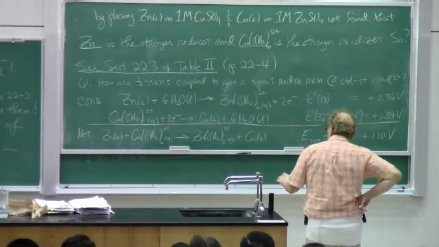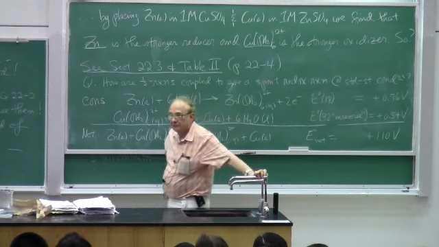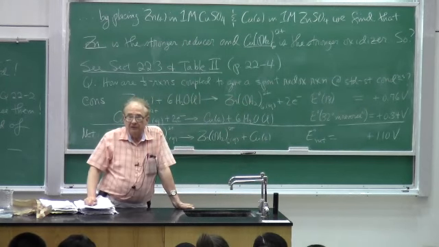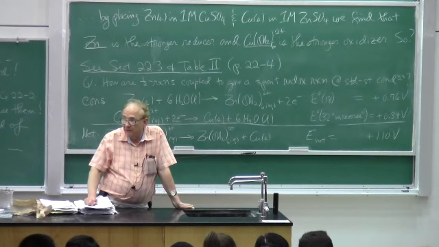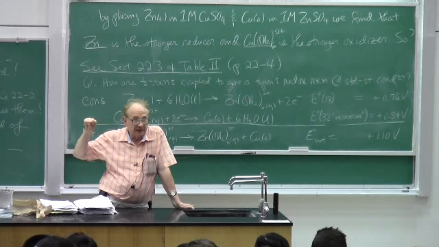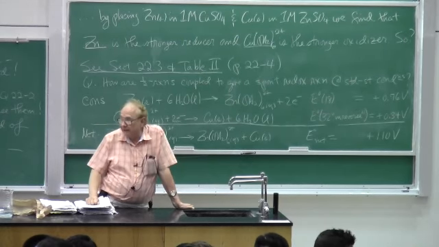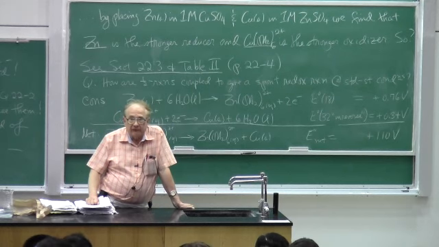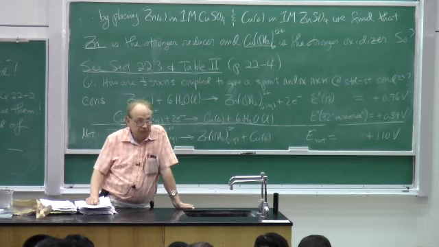And for all the half reactions above the standard hydrogen electrode, the reducer is a stronger reducer than hydrogen gas itself, in the presence of water, because that standard hydrogen electrode shows hydrogen being oxidized in the presence of water to make hydronium ion, right? Okay. And all the half reactions underneath that half reaction have a reducer which is a weaker reducer than hydrogen in the presence of water.